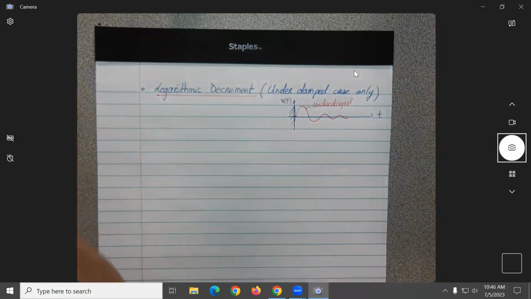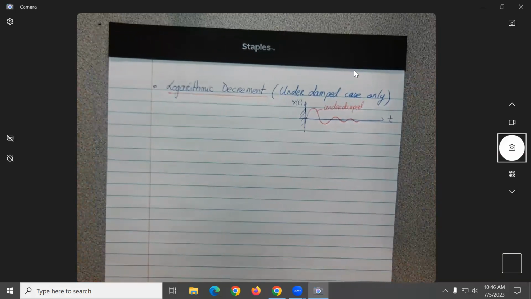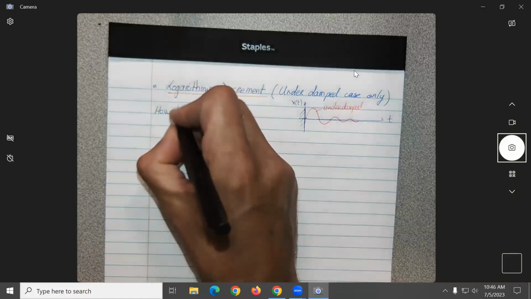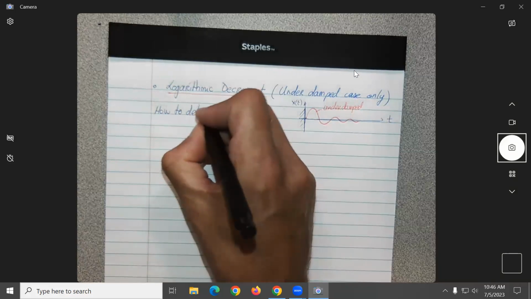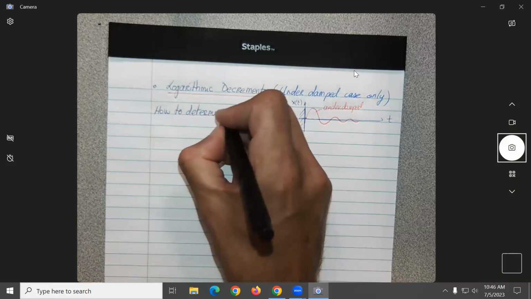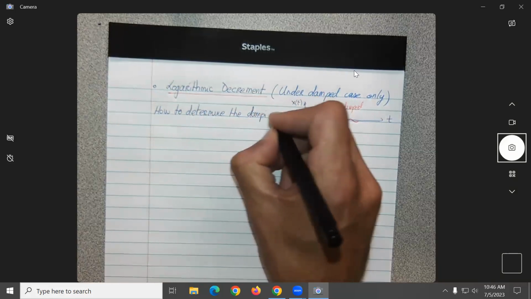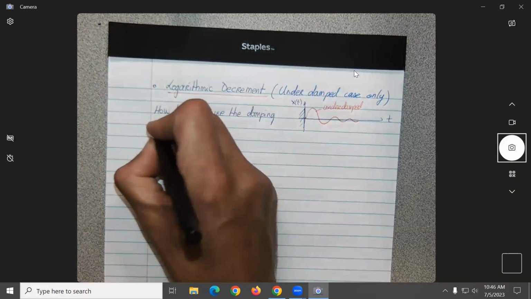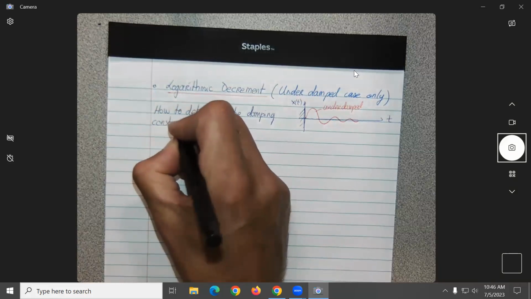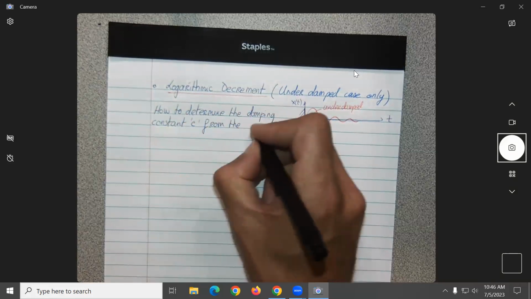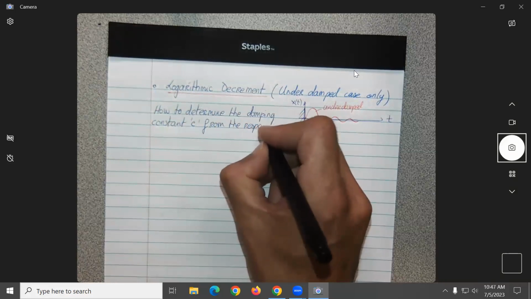Okay, so what happened, and this is what is done in real life, is that the question we're trying to solve is how to determine the damping constant C from the response.